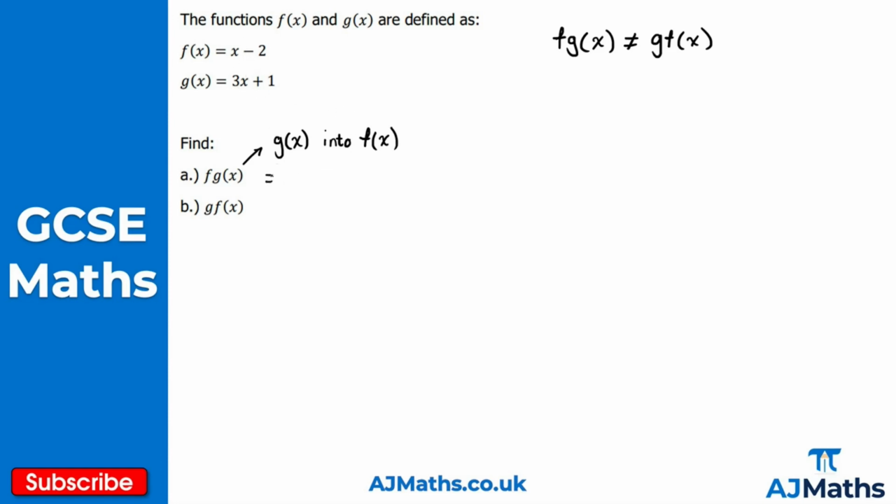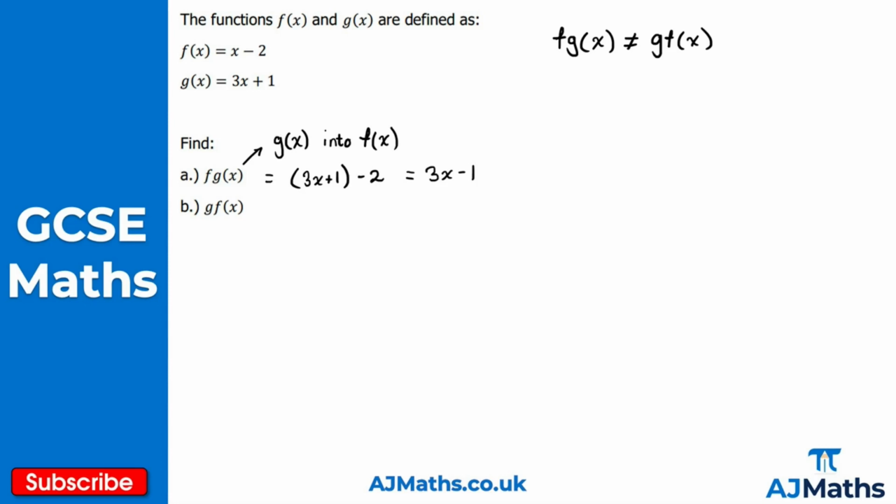So this is going to be 3x plus 1 minus 2. Don't forget it's minus 2 here. So wherever there was an x in f of x, I've replaced that with my g of x. So we get 3x plus 1 minus 2. So 1 minus 2 is minus 1. So I get 3x minus 1 there. So fg of x is equal to 3x minus 1.